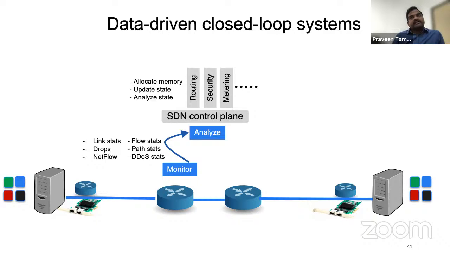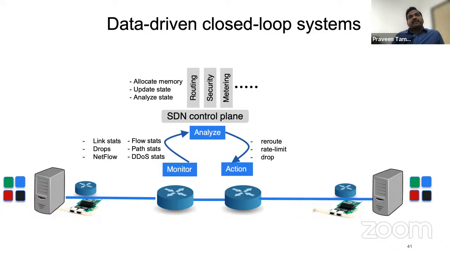or analyzer, where you have different applications related to routing, security, and management, and after complex processing or sophisticated analysis, they come up with actions related to traffic engineering, security, or rate limiting some of the traffic to meet metering requirements.